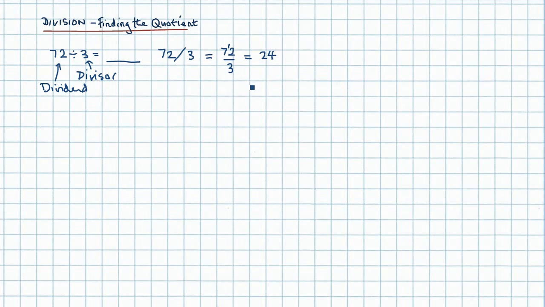Now let's try something a little trickier. Let's try 91 divided by 13. Alright, so now we could keep this like this, and we could try operating in this format, but I think most of us would find it easier to do it this way.